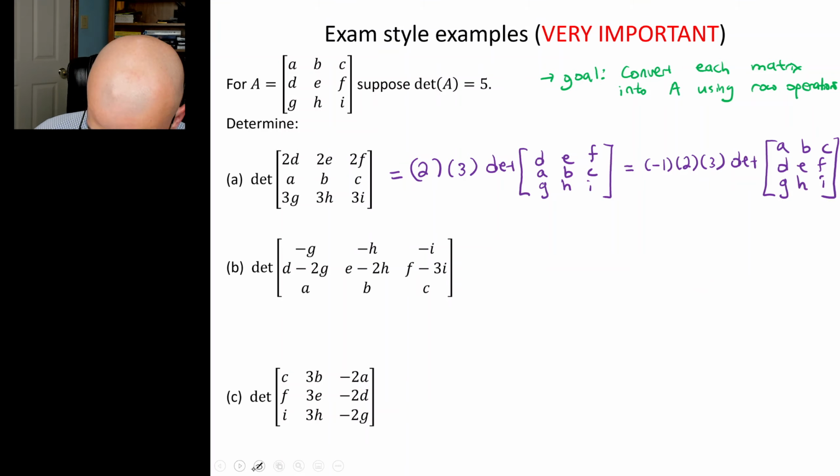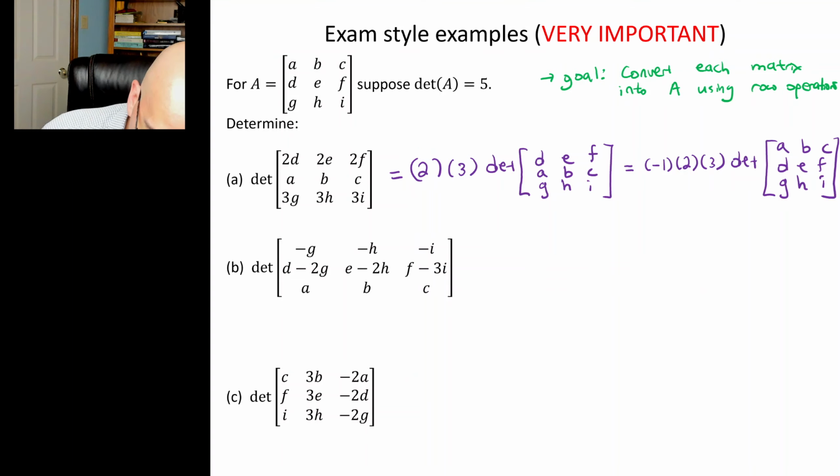So I'm going to label all these moves. This was from row 2. The 3 was from row 1, I mean, from row 1. The 3 was from row 3. And the -1 was row swap R1 with R2.